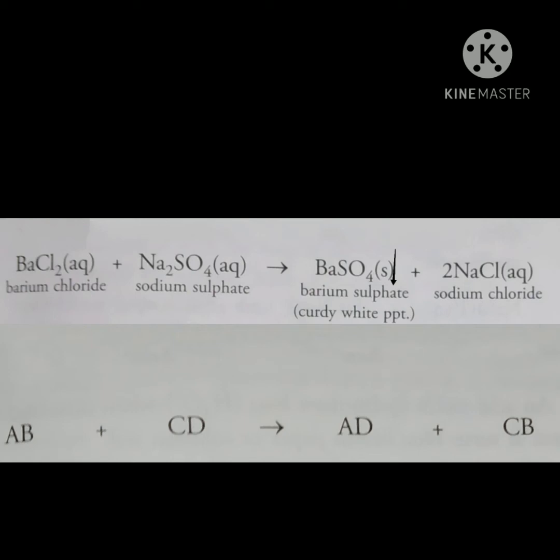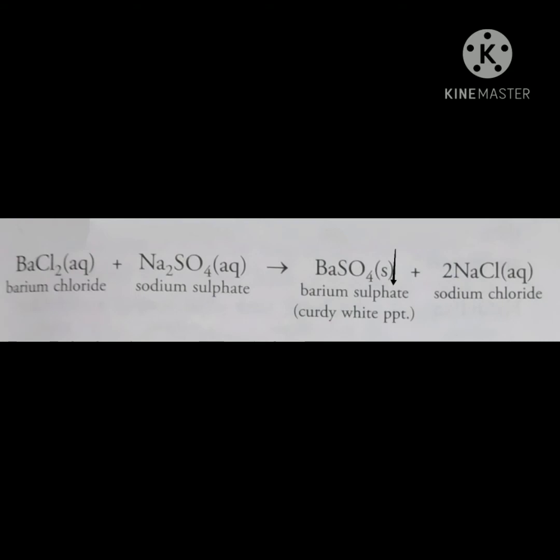Here barium sulfate, that is BaSO4, is the precipitate. So downward arrow, it is curdy white in color. The reactants barium chloride and sodium sulfate should be in the aqueous state. So this is another example of a double displacement reaction in which a precipitate is formed.